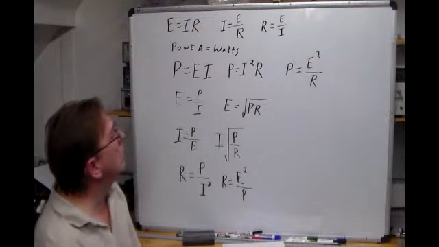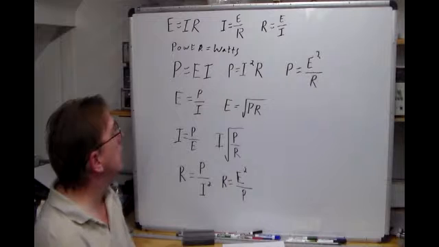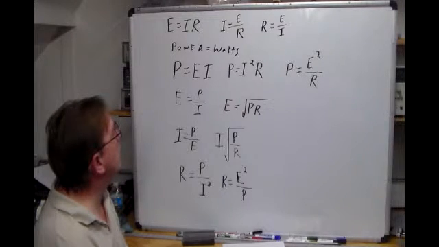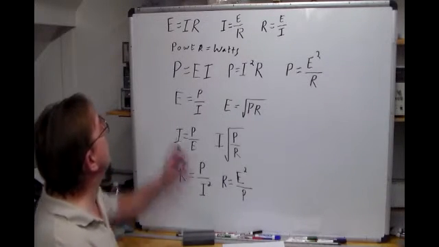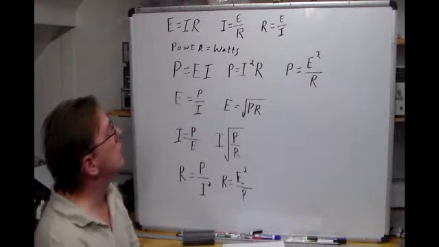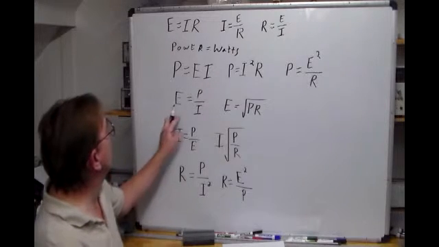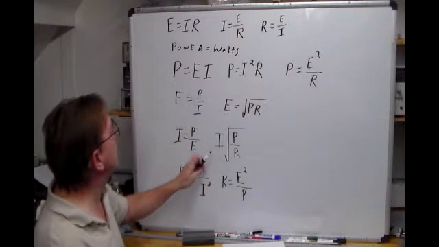And that's that. You should stop at this point, pause your computer and write these things down. Power equals voltage times current. Power equals current squared times resistance. Power equals voltage squared over resistance. Your voltage is the power over the current.